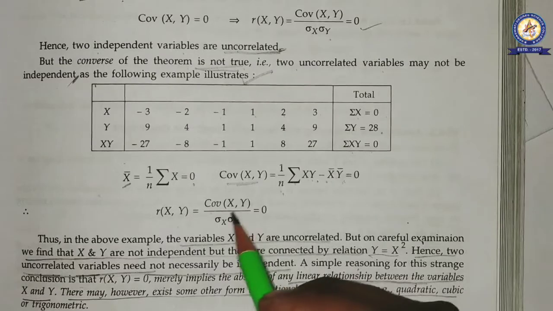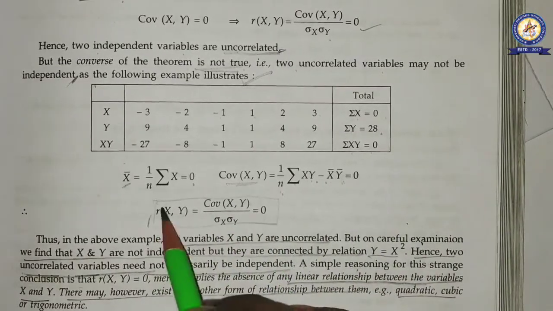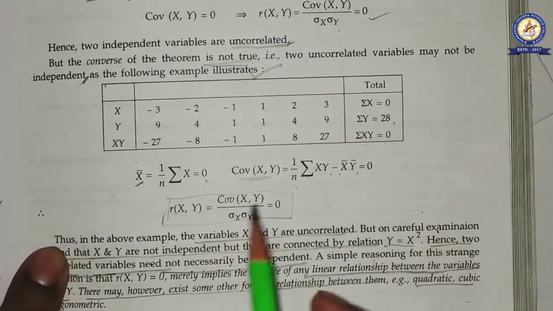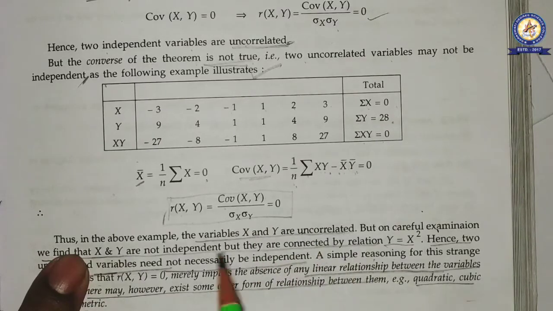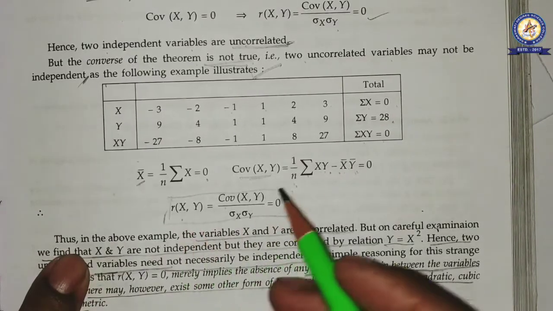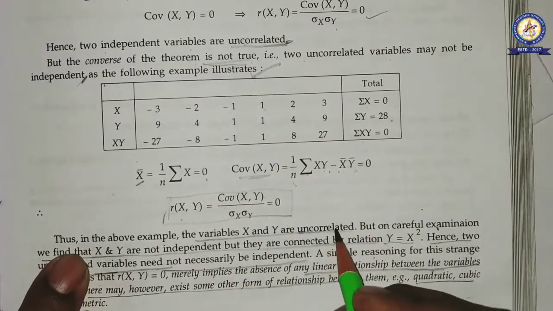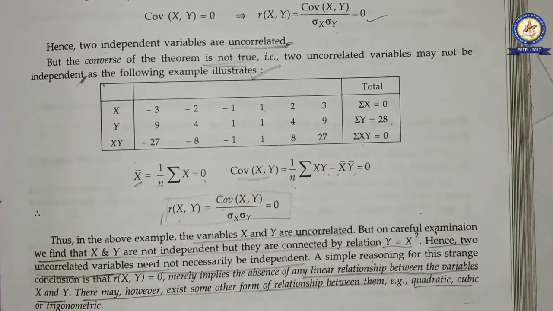So here covariance we found 0, so correlation coefficient we found 0, right? So here we found that x and y are uncorrelated because the correlation coefficient is 0. From this above example, we found there is no correlation. Linearly they have no correlation, right?